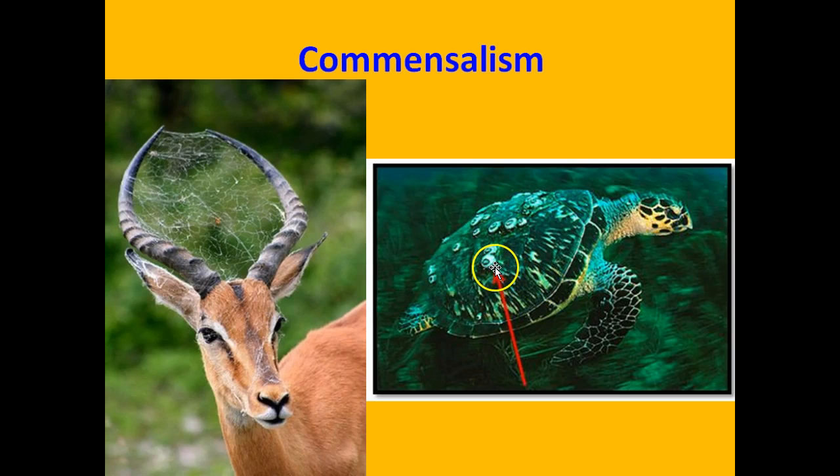So the barnacles benefit from this relationship because the turtle, by swimming around, takes the barnacles into different places of the ocean environment, and therefore it gets food. The turtle is not harmed by the barnacles because the barnacles aren't doing anything harmful to it, and the turtle is not benefited from this relationship either. So a great example of commensalism.